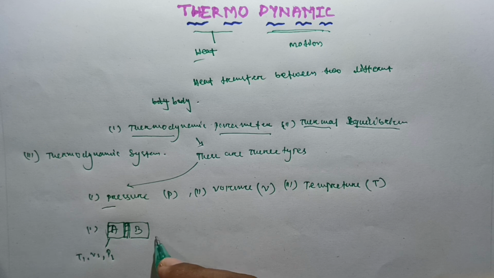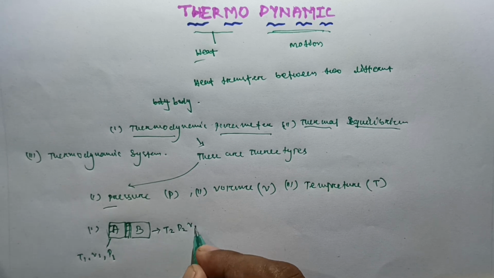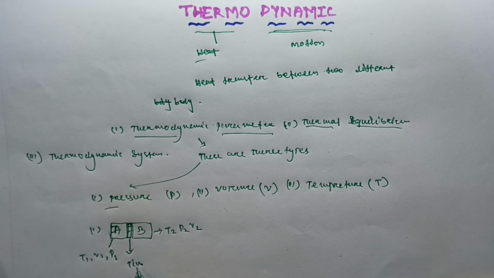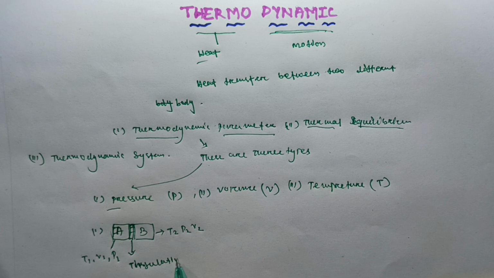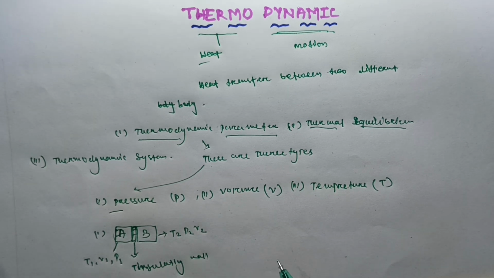And in body B or system B, temperature is T2, pressure is P2, and volume is V2. There is an insulating wall between the two bodies.